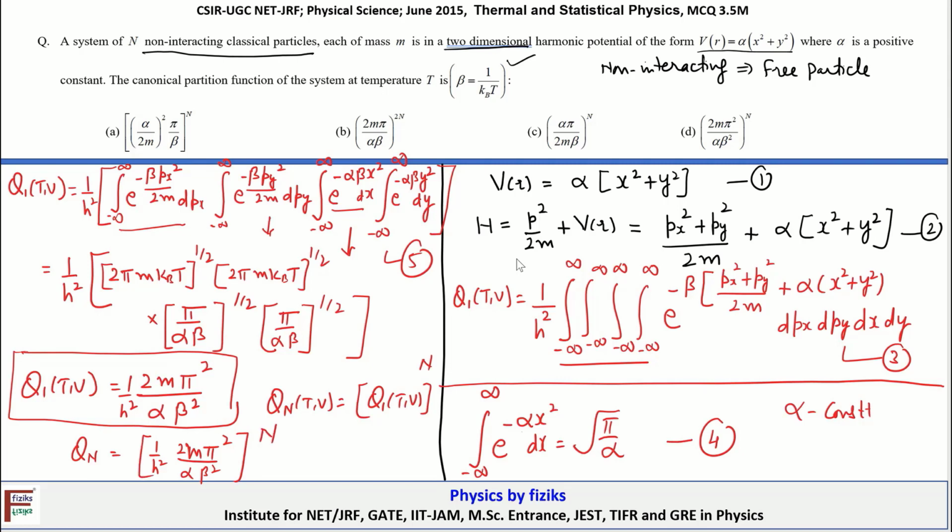If we take a look at the options given to us, the most appropriate is option D, because there is no factor of 1 by h square there. But in pencil we cannot get rid of the factor of 1 by h square, yet the rest of the expression matches directly with the expression that we have obtained. So therefore option D is the correct one here.